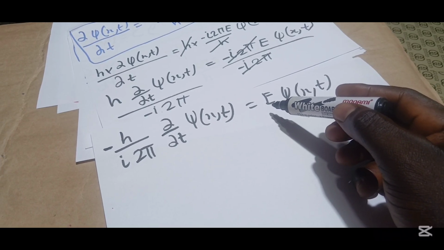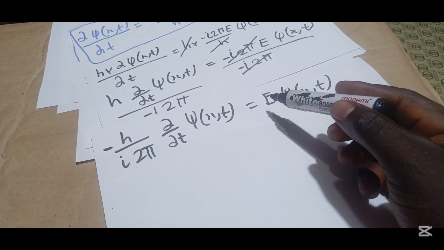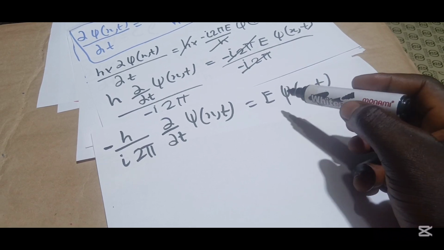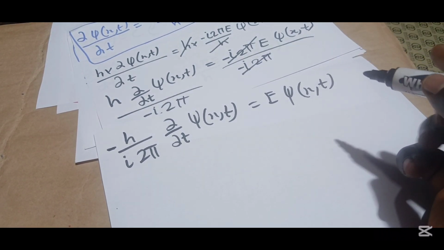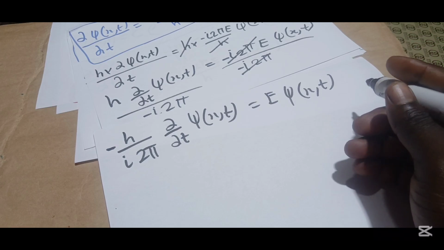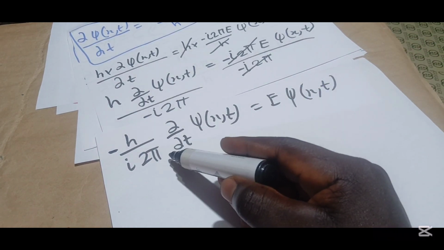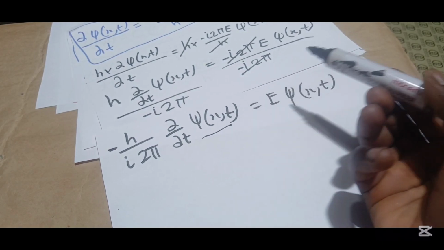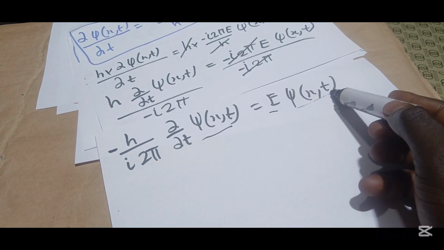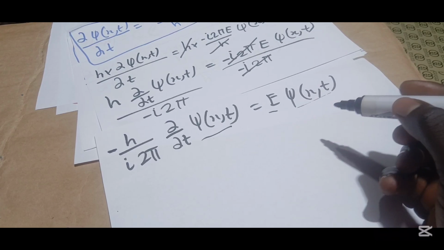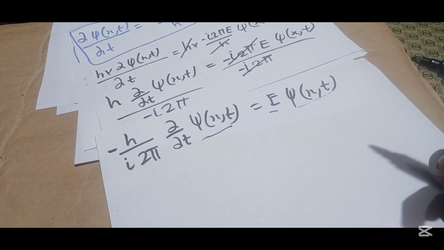Now we said earlier from the Planck-Einstein relation that this E here is the energy of the system. So you could see that from the eigenvalue equation, we said that if we operate an energy operator on a function, we get the energy and the function. That was our assumption from eigenfunctions, right? Eigen means the same.